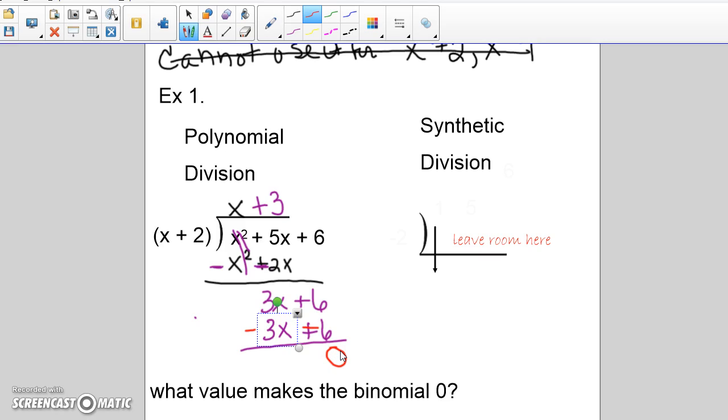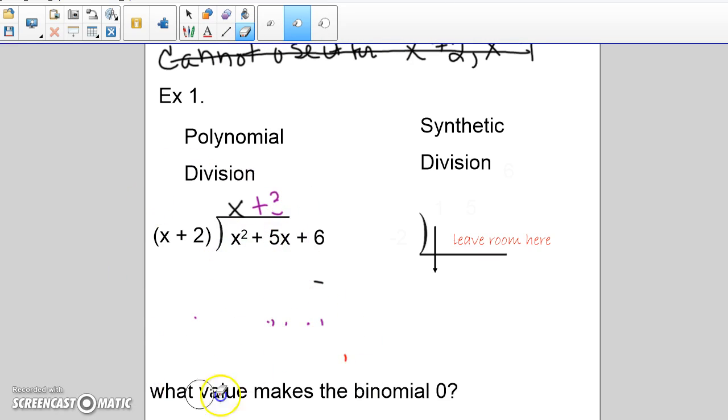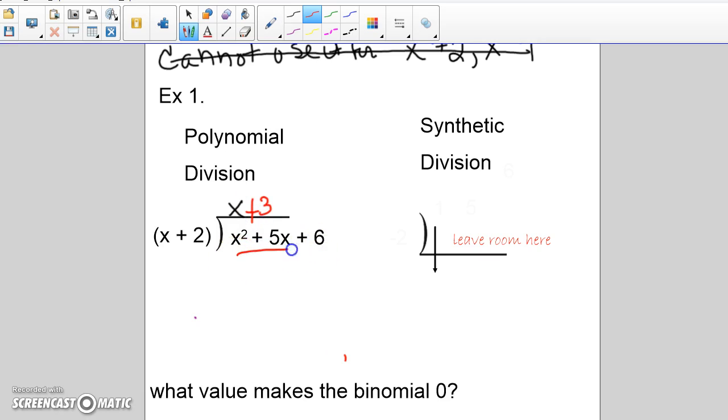Synthetic division, we can do this the same way. I'm going to write down what it looks like. I'm going to erase this now, and leave my answer up there. We want to get x plus 3. We just write down the coefficients.